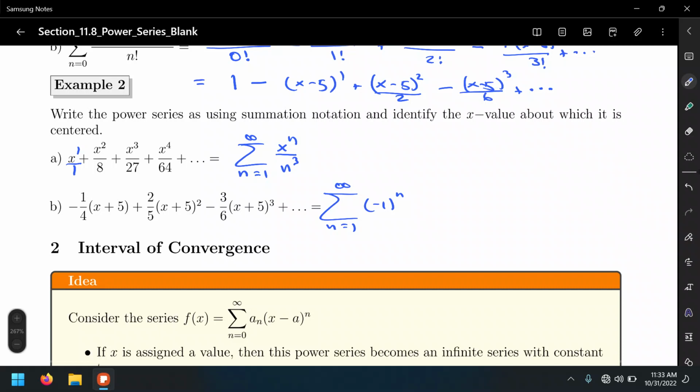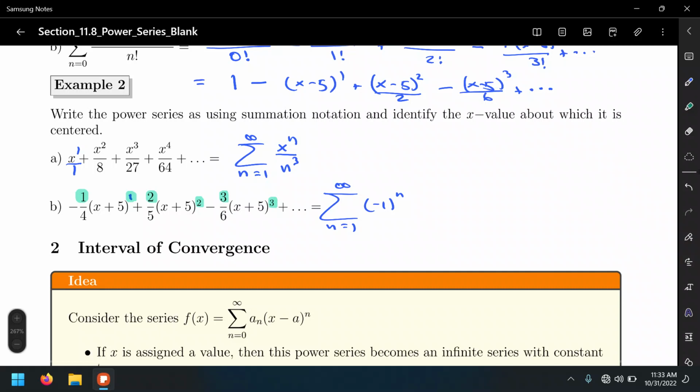Now let's find out about this 1, 2, 3, and 4, 5, 6. Number 1, there is an invisible 1 here that I would like to point out. And on the other hand, see how this coefficient 1 matches with the power 1. This coefficient 2 matches the power 2. This coefficient 3 matches the power 3. And of course, we can assume that this same pattern goes on the same way.